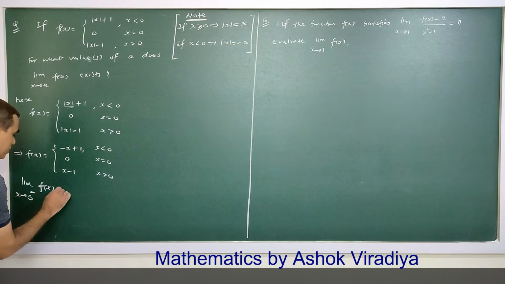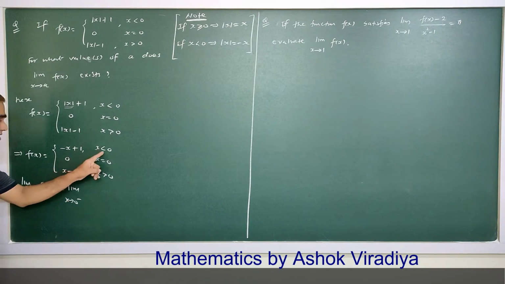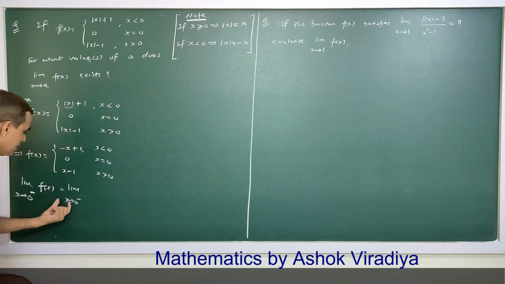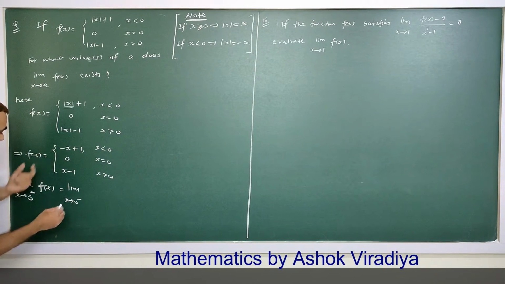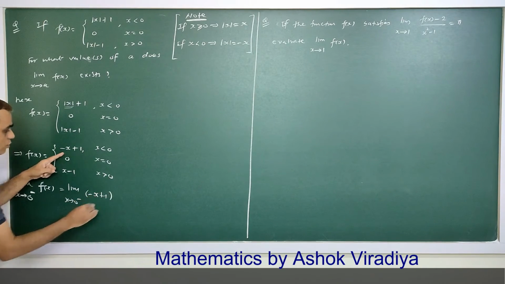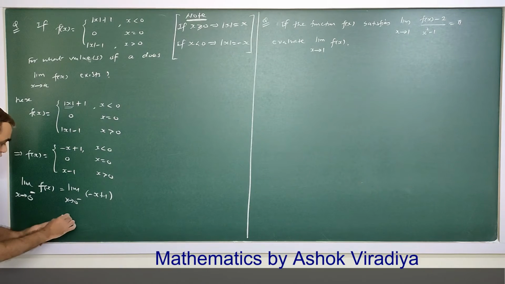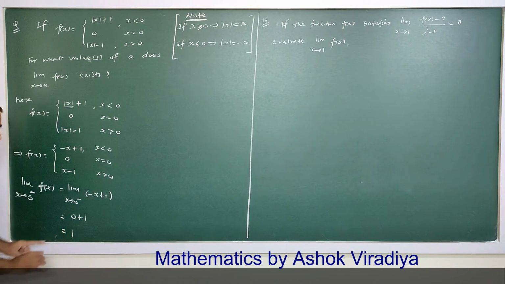If x tends to 0 from left side, that means x is less than 0. If x is less than 0, f(x) is minus x plus 1. Putting here 0, this is 0 plus 1, so left hand limit is 1.